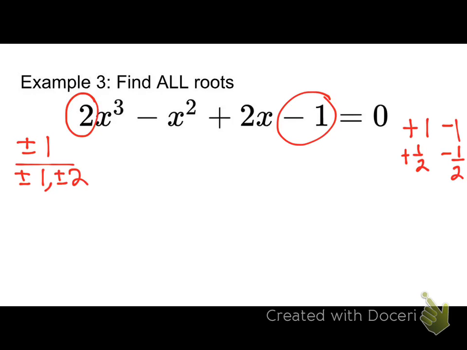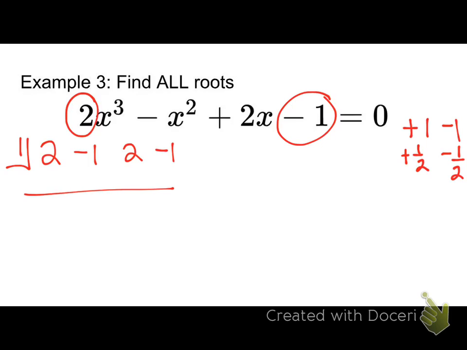Okay, it's not bad. So we need to go through and check them. We are looking, if we're using synthetic division, for a remainder of 0. So I'll start with positive 1. What are my coefficients along the top? Okay, we drop the 2, we multiply, we add, we multiply, we add, we multiply, we add.